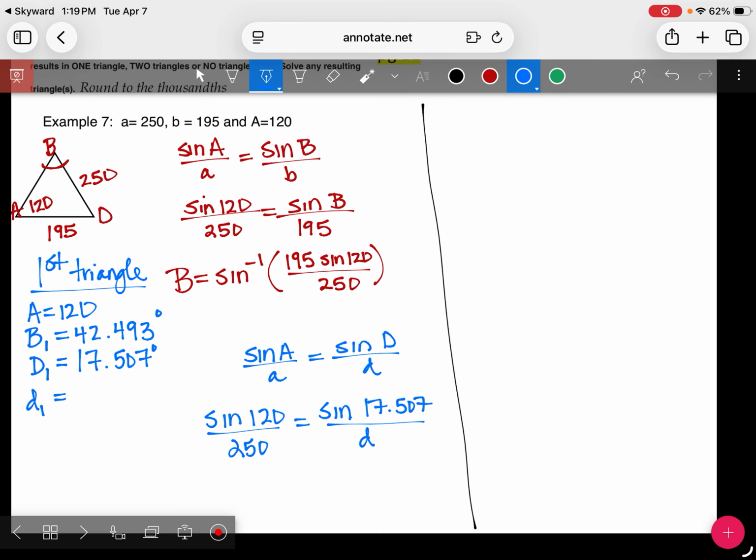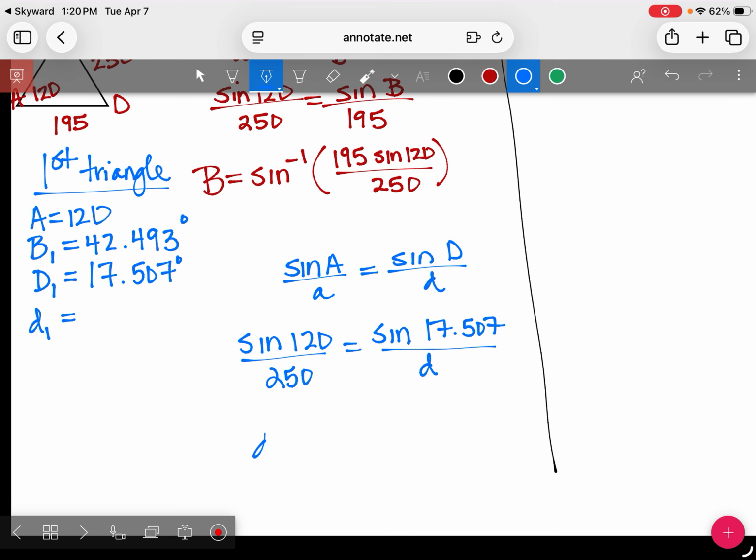So you would have d equals 250 sine 17.507 divided by the sine of 120. And type that in and see what you get.